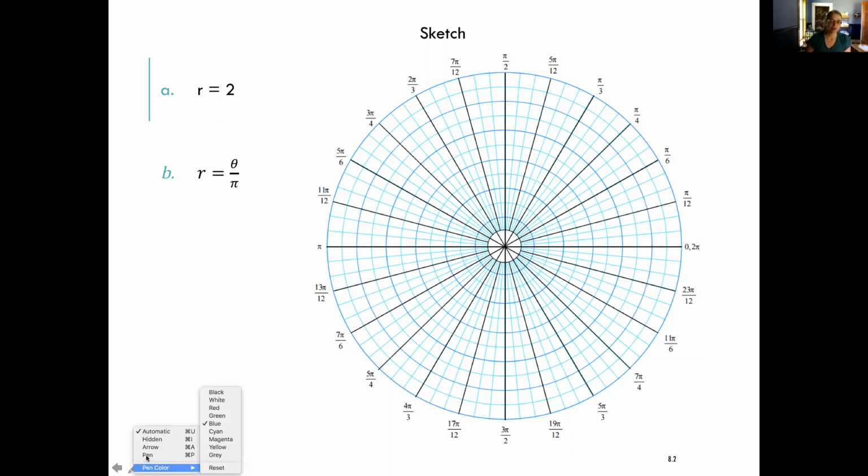So if we have the equation r equals 2, that just means that that is a circle with radius 2. No matter what theta is, every point on this circle will satisfy the equation r equals 2.